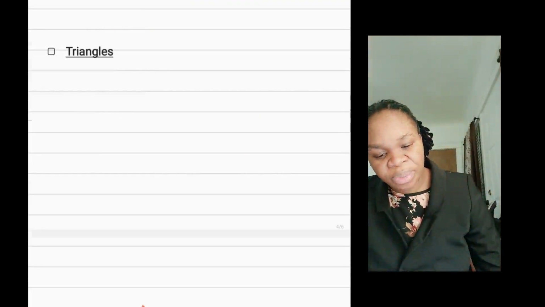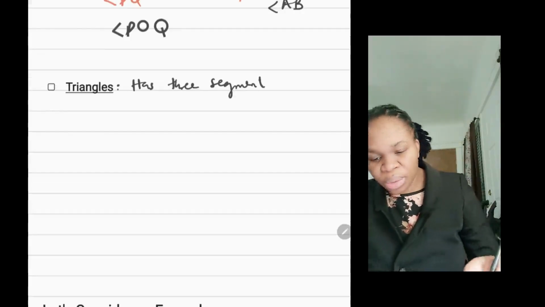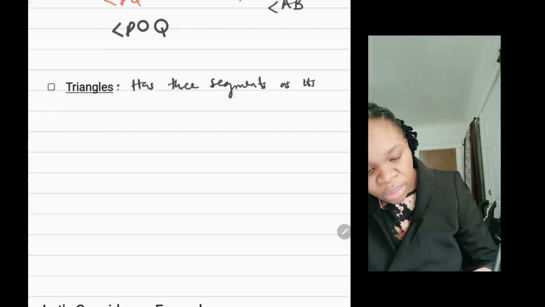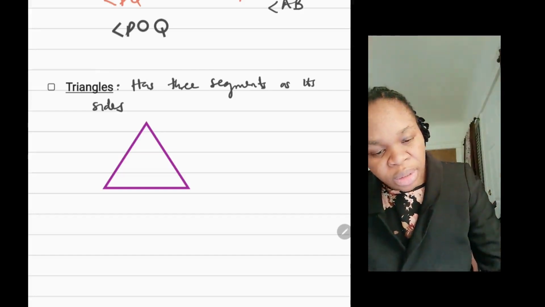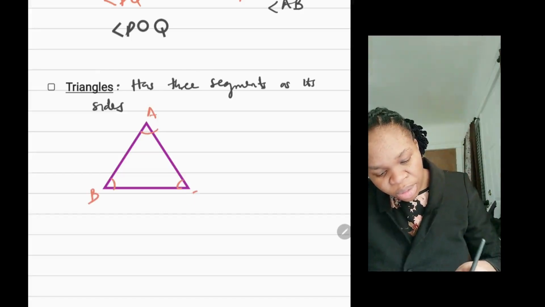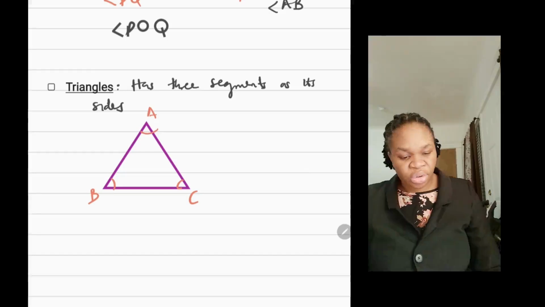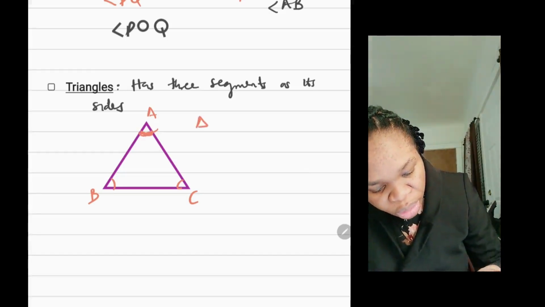We talked briefly about triangles. A triangle has three segments as its sides. So we have it to be this. Call this A, call this B, and call this C. So this is a triangle. If I'm looking for this angle, I will have triangle BAC.